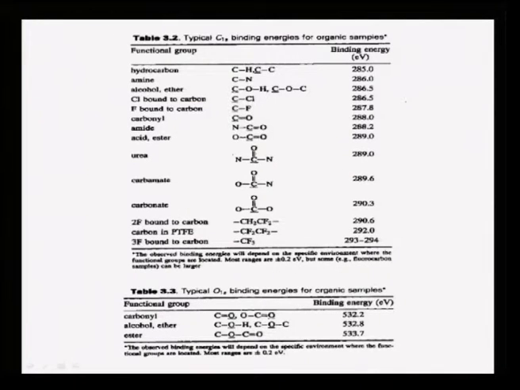These are some of the different typical chemical C1s values, taken from those books.